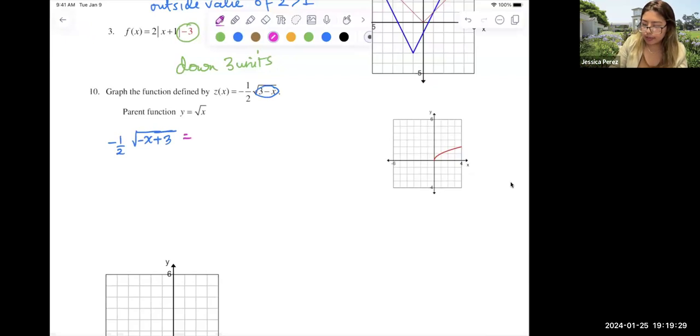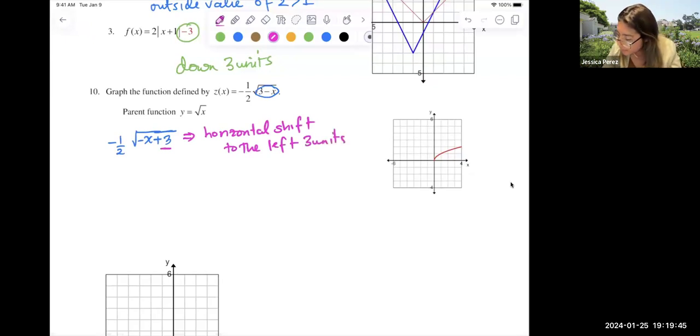So here, the first thing is there is a horizontal shift to the left 3 units. So from 0, 0, we know we're going to go to the left 1, 2, 3, like so. That will be our starting point.